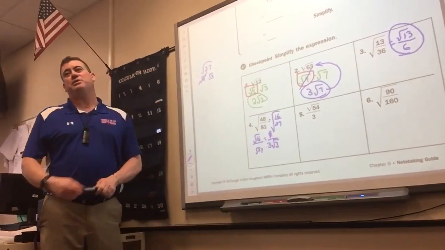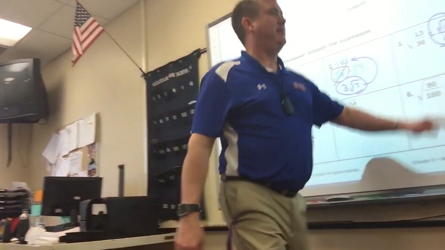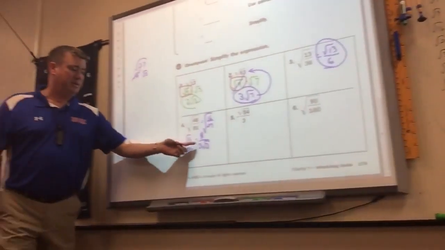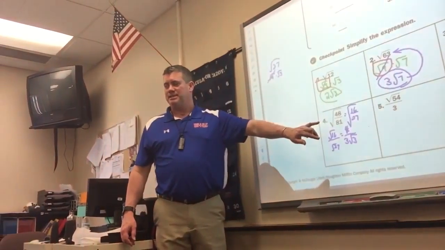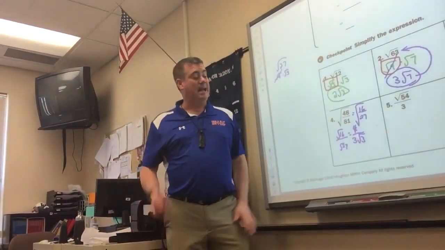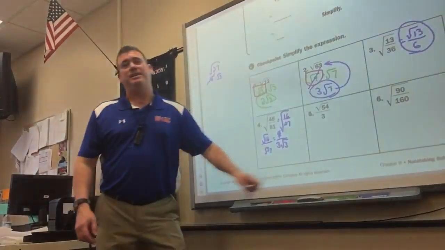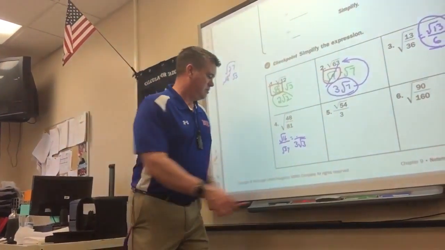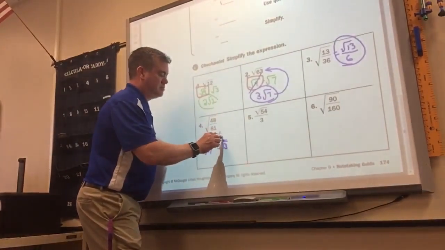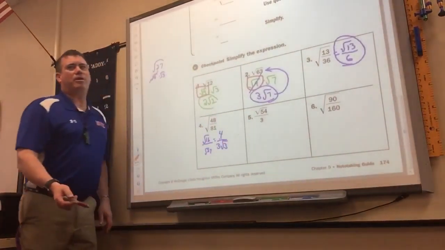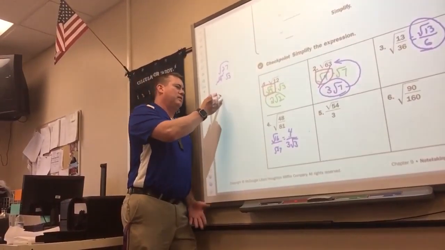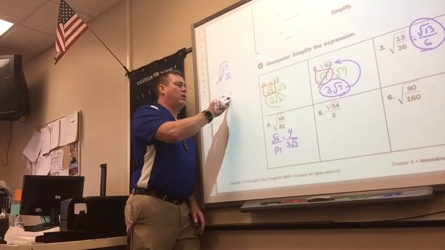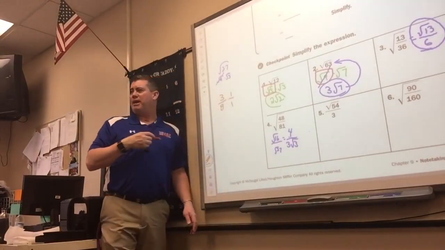So now that brings us to this part. This is not quite simplified because what's wrong with it? Square root in the bottom. Now, this is the easy way to fix that. Remember, if I took, I'm just picking any fraction, 3/8, and I took it times 1 over 1, am I changing the value of it?